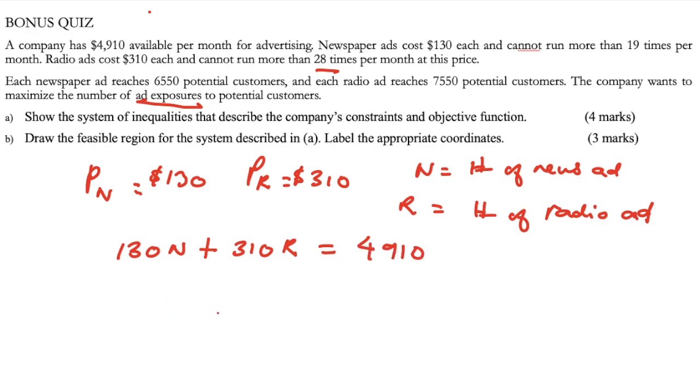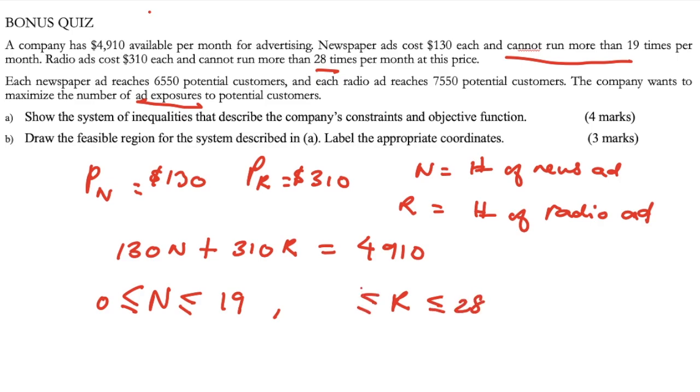Another constraint is that newspaper cannot be run more than 19 times. 19 is okay, less is okay, but 20 is not okay. That means N is less than or equal to 19 but more than or equal to 0. That's the first constraint. The second constraint is radio R less than or equal to 28, because the maximum is 28 times, but more than or equal to 0. So number 1, number 2, number 3 are the constraints.